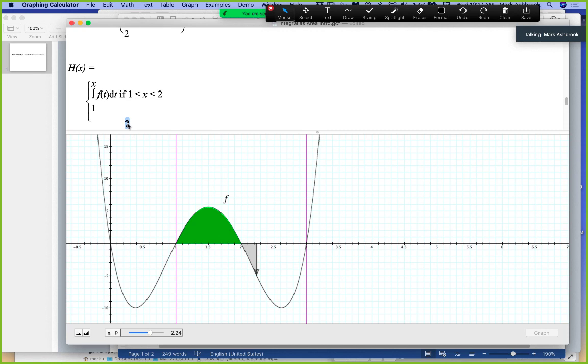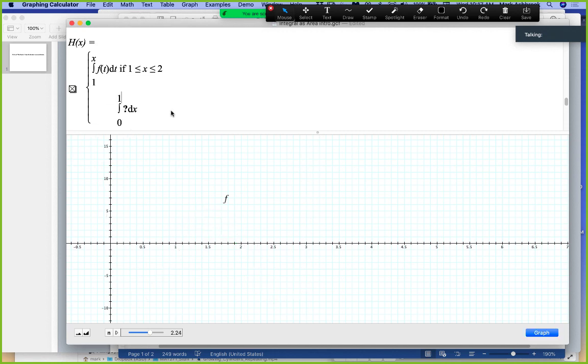That's going to be the integral from 2 to x. And now what does my rate need to be so that I have unsigned area? Negative. I'm going to take the opposite of f, negative f of t dt.